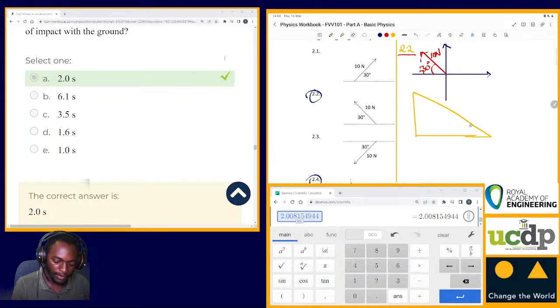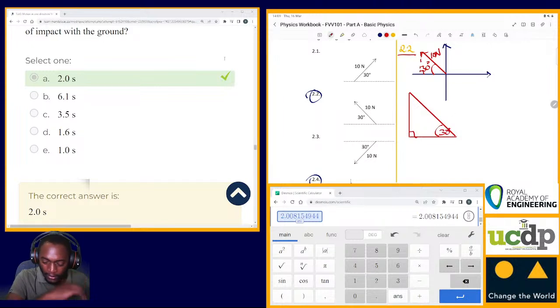let me just draw a proper and neat triangle. That's better. So our angle is 30. Excuse me. That's 10 newtons.